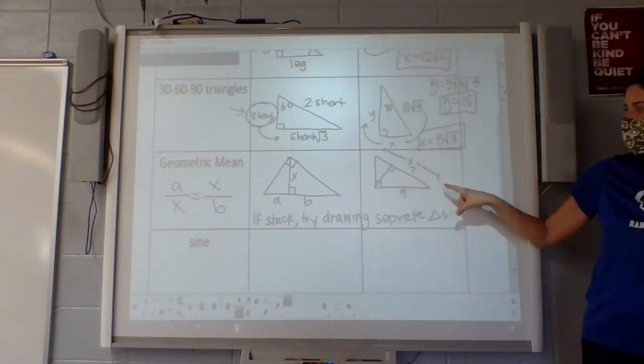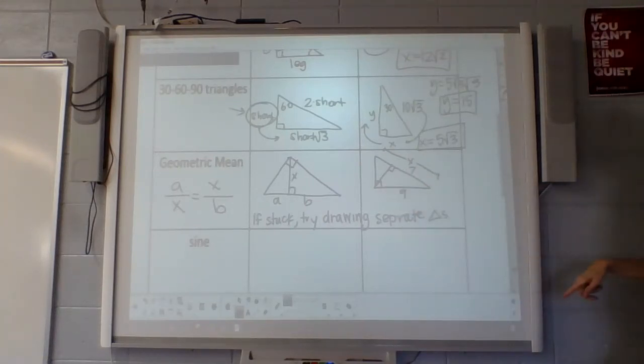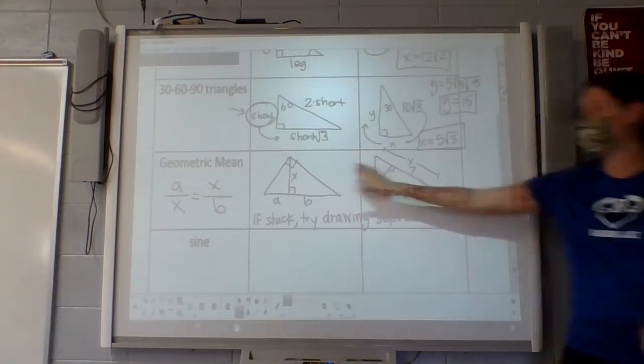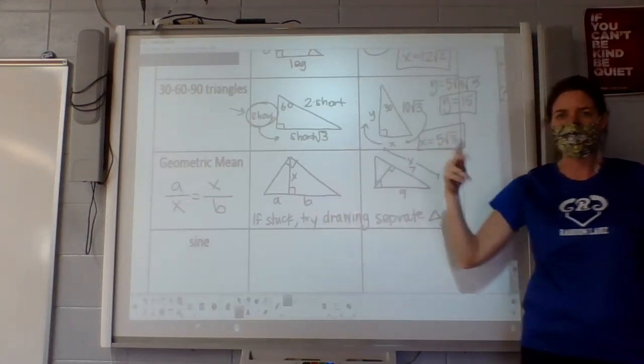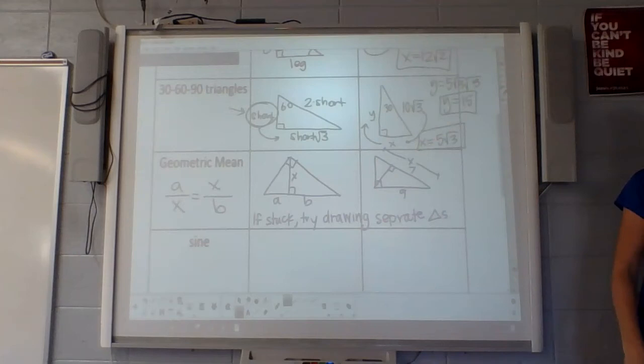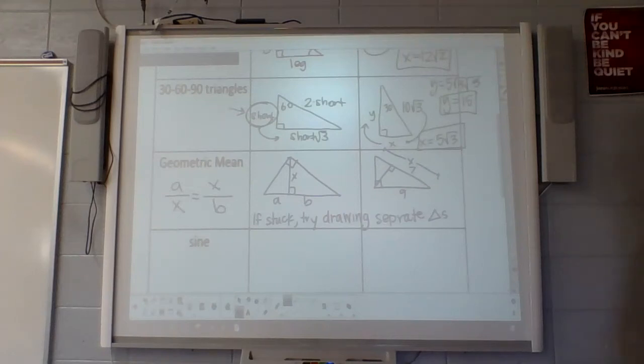Across is x. This little leg here is 7, and then this one's 9. And so the drawing's kind of flipped around. So this is not as simple of an example as this one. I thought I'd grab a tougher one. So this is one where I'm going to suggest you draw separate triangles.